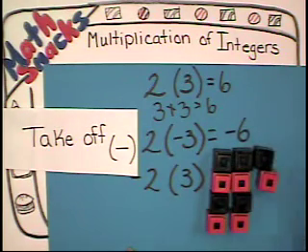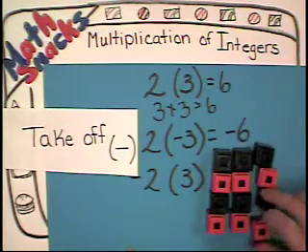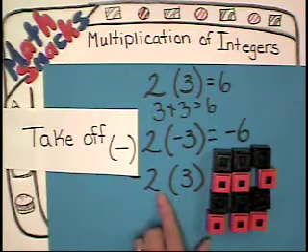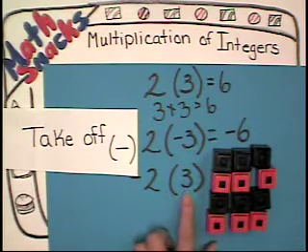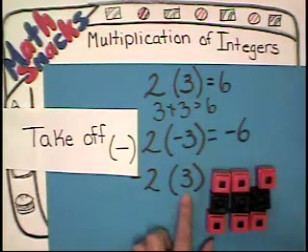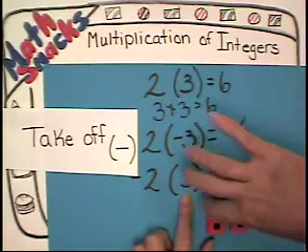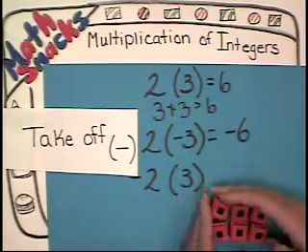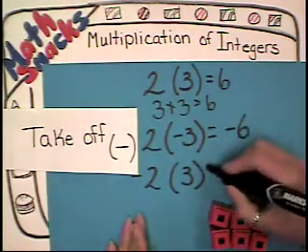That's right. And we need 1 more set. So now take off 2 groups of positive 3. That's right. So there's 1 group, and there's another group, and your answer is? A negative 6 again. You're right.